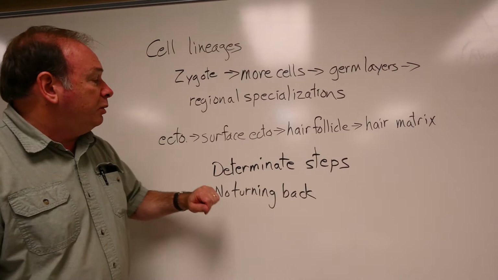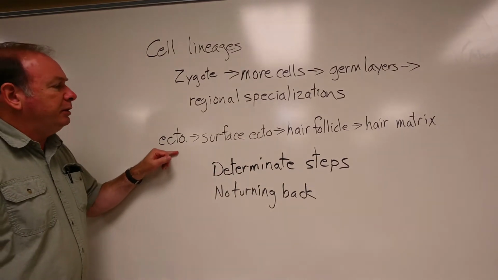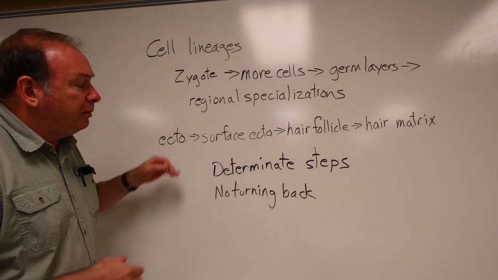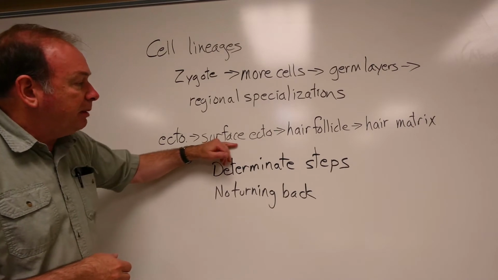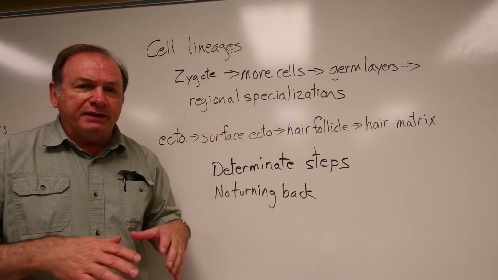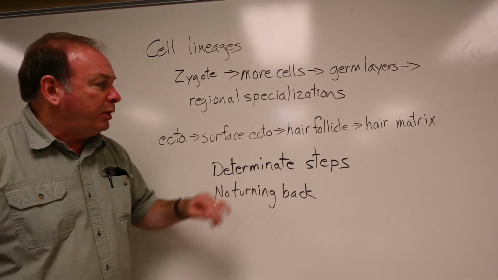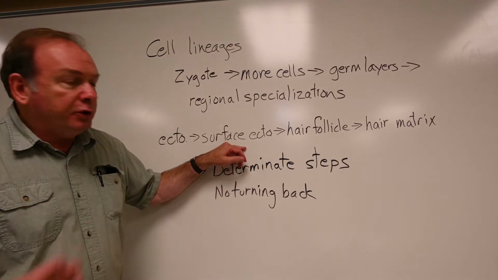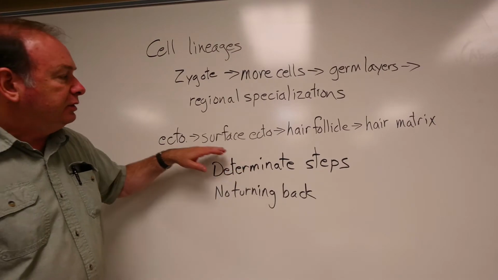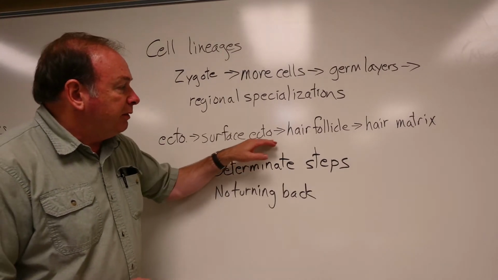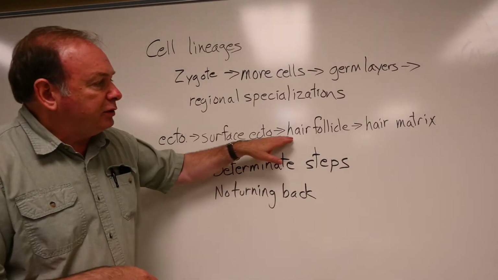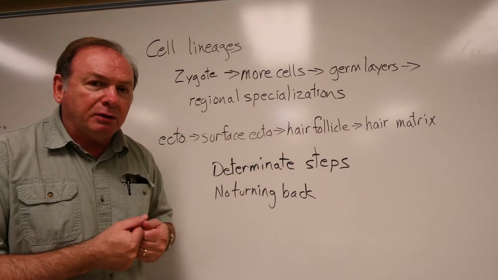Cells in one part become one kind of structure, and cells in another part become another type of structure, and so on. So, for example, here we have a cell of the ectoderm. As the cells divide, some of them become identifiable as surface ectoderm cells, as opposed to extraembryonic membrane or neural ectoderm or neural crest. Some of those surface ectoderm cells may eventually form hair follicles.